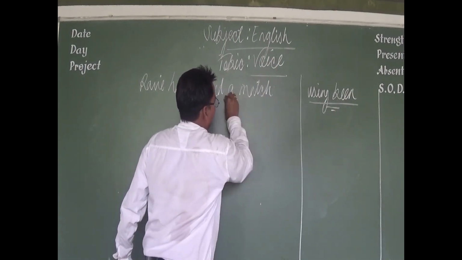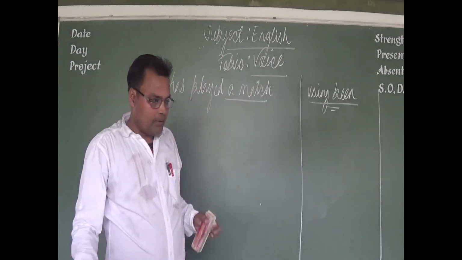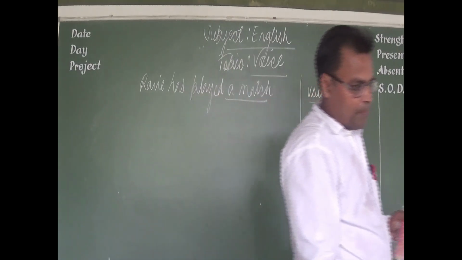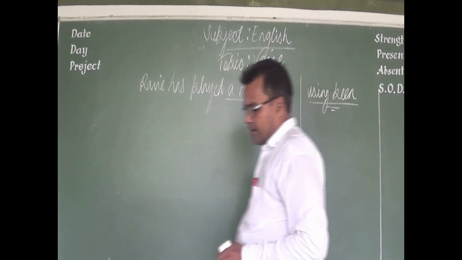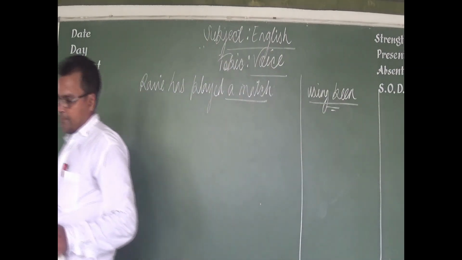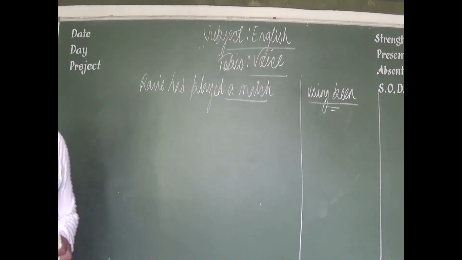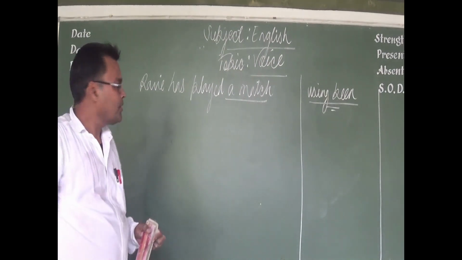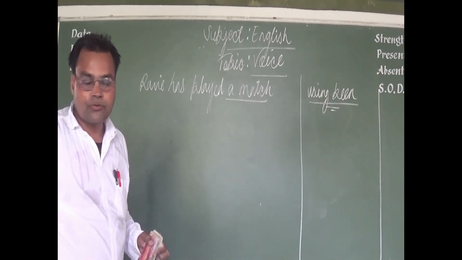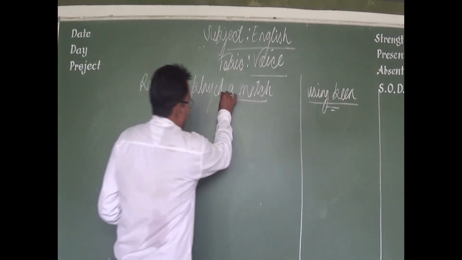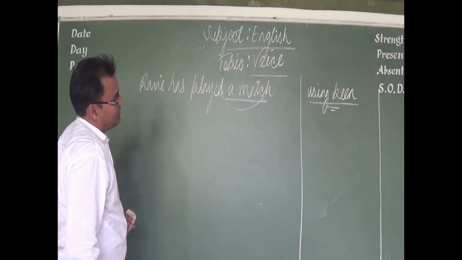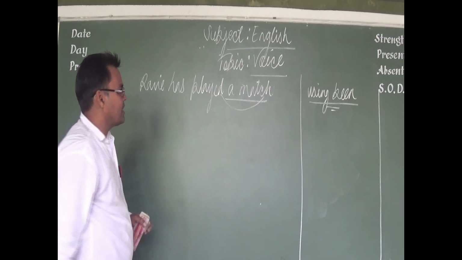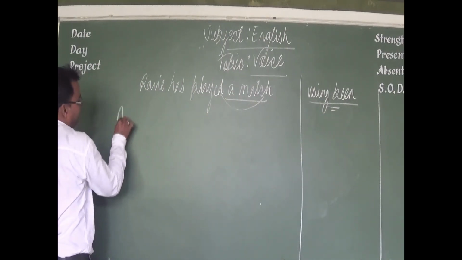While making a passive voice of perfect tense, we have to always keep in mind that we have to use been as the helping verb and the third form of the verb as usual. So while converting, what is the first thing we have to bring in the first place? That is a match. I have written a match.